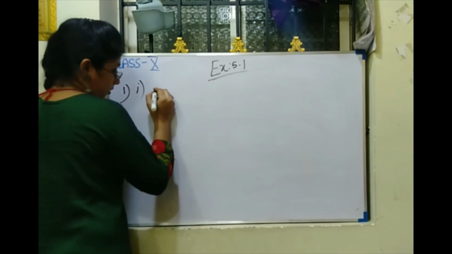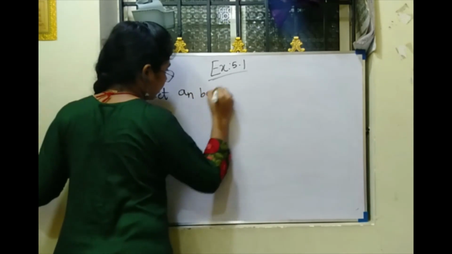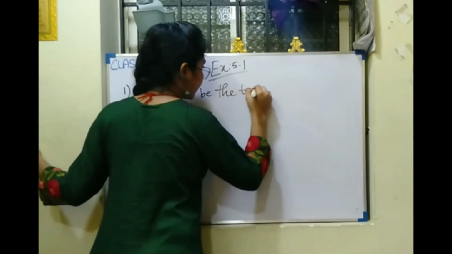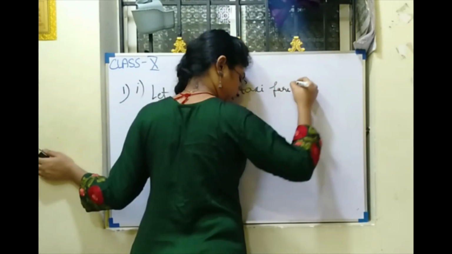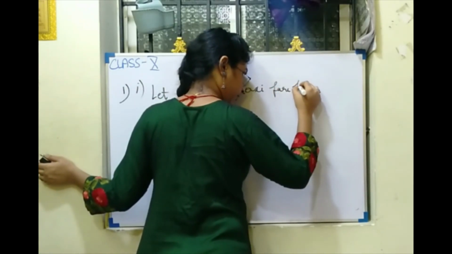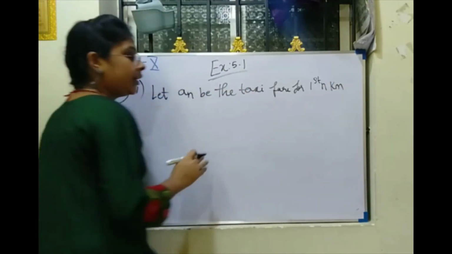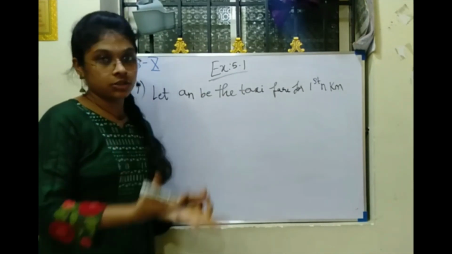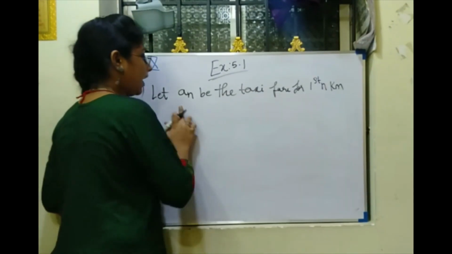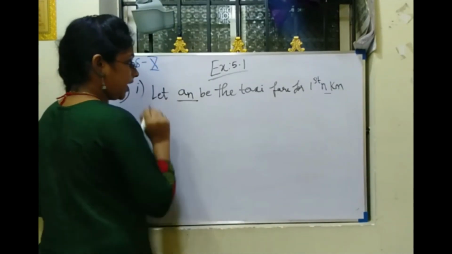Okay, so let an be the taxi fare for the first n kilometers. We don't know how many kilometers they went and how much it cost, so let's keep it as n kilometers and the fare will be an.